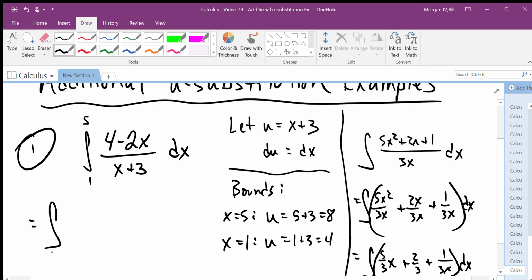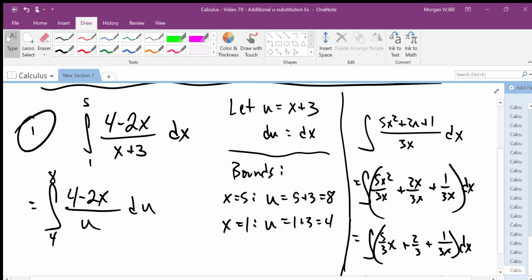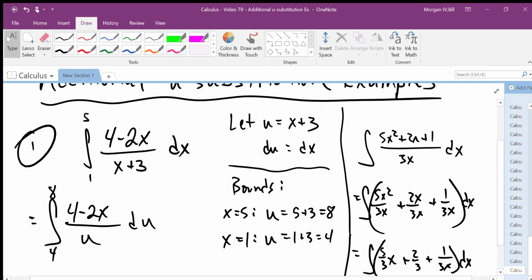And we get the integral from 4 to 8 of (4 minus 2x) over u, letting x plus 3 equal u, and dx just becomes du. Okay, now we know we can't integrate here because I have both x's and u's, and I have u bounds, so everything needs to go in terms of u. And if that ever happens, we have an extra x or x squared left over, what you want to do is go back into that equation again. u is equal to x plus 3.